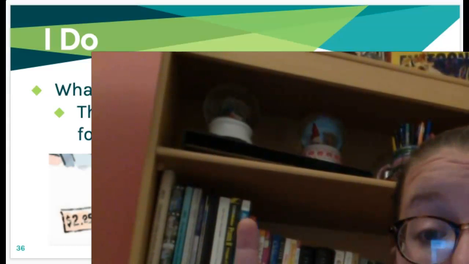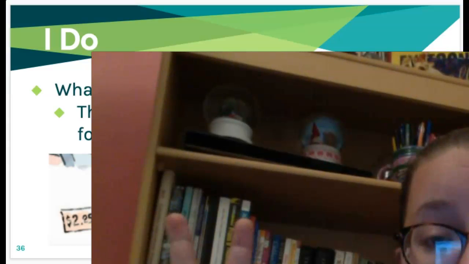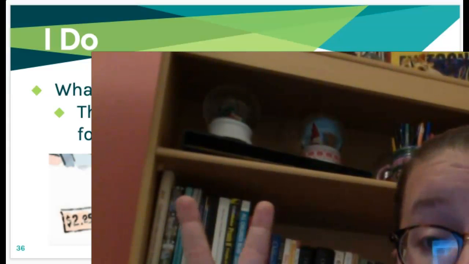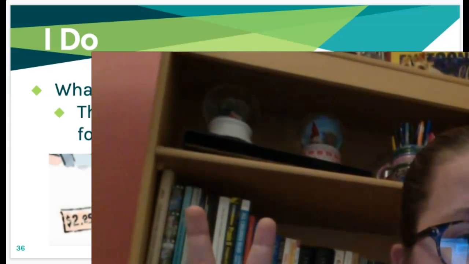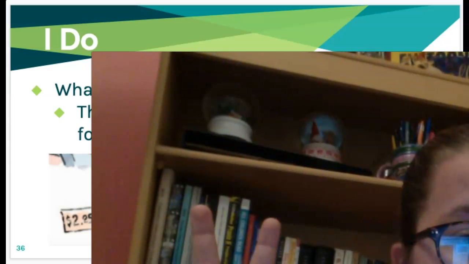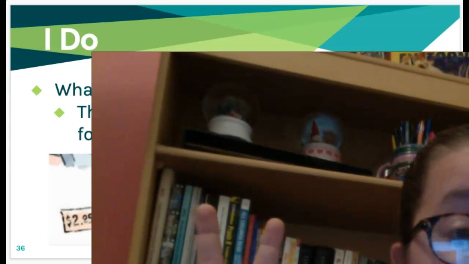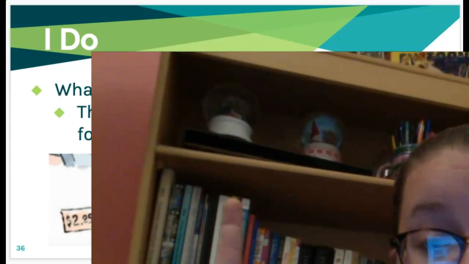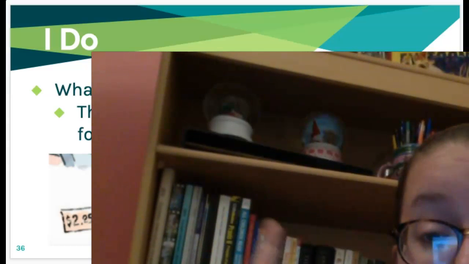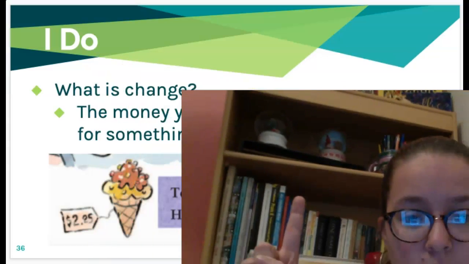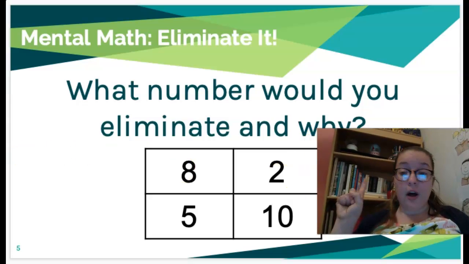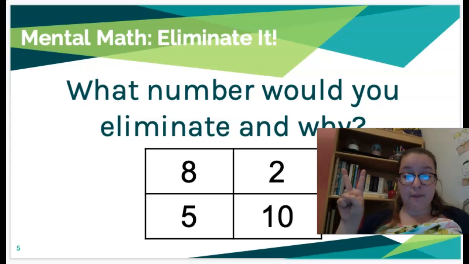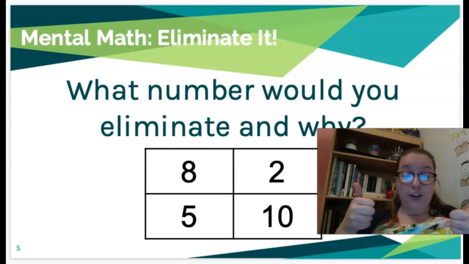I would also like to see you post what number you would eliminate and why from our square. What number would you eliminate and why? And then I would also like you to post one thing you learned about change from our story today. Sound like a plan?